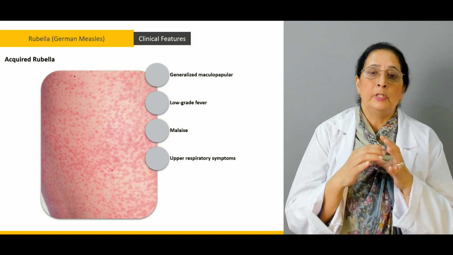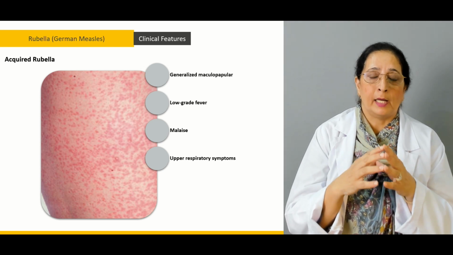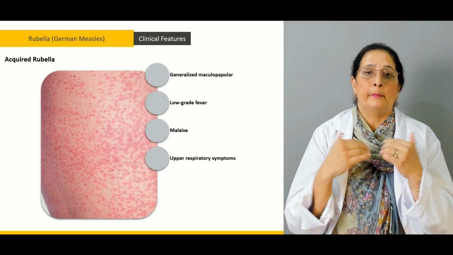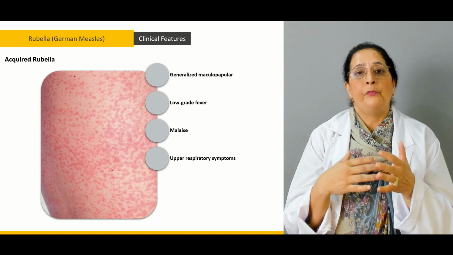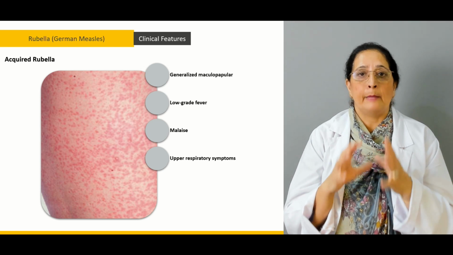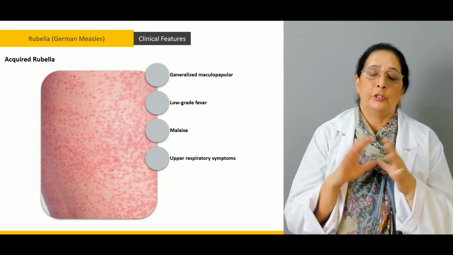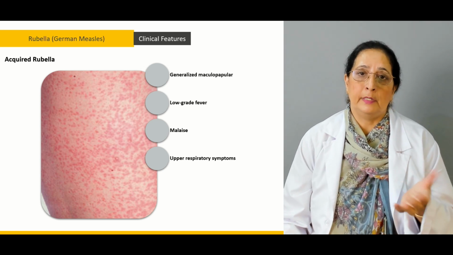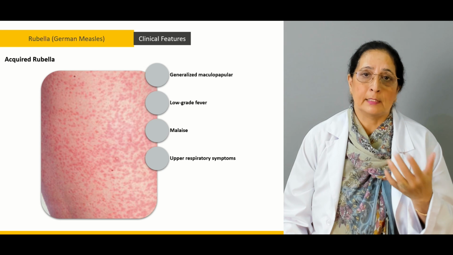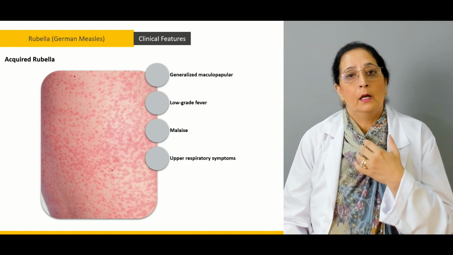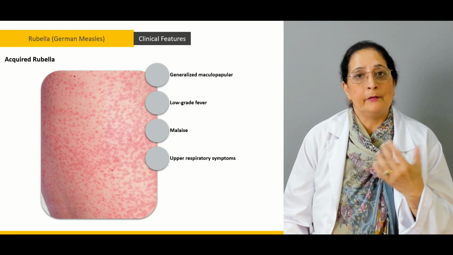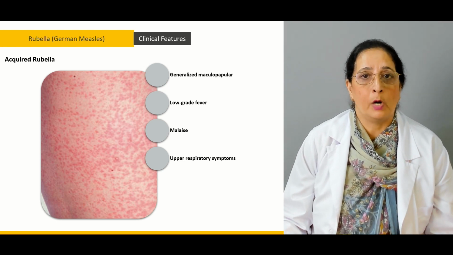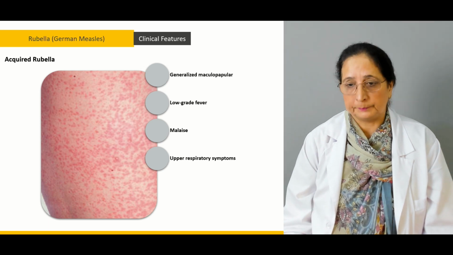it enters through the upper respiratory tract through inhalation of droplets, and it multiplies in the nasopharynx. So it is affecting the epithelium of the upper respiratory tract. So symptoms associated with the upper respiratory tract, cough, sneezing, runny nose, are all present in acquired rubella also.